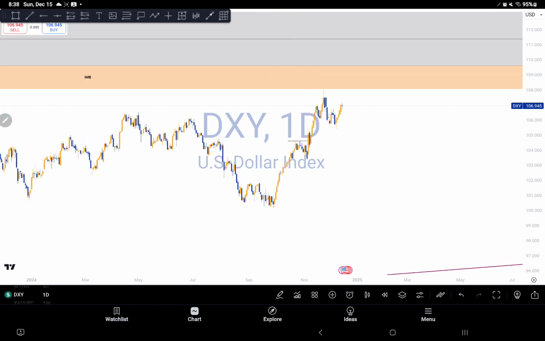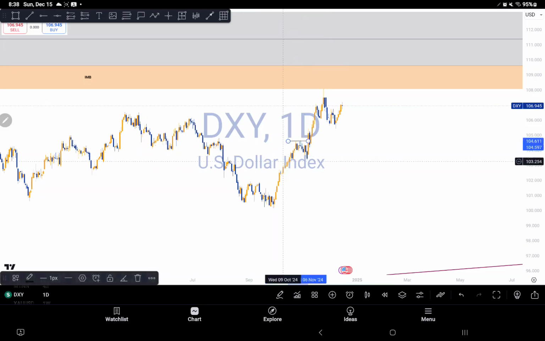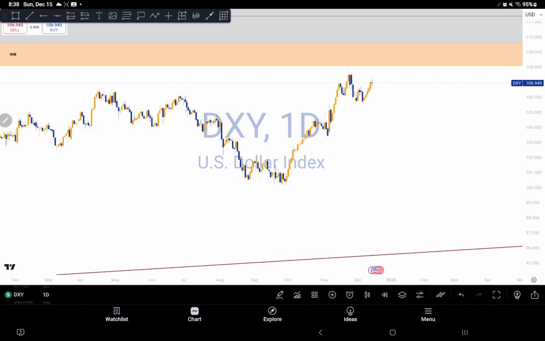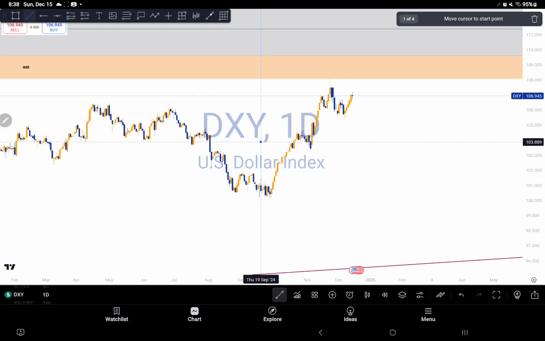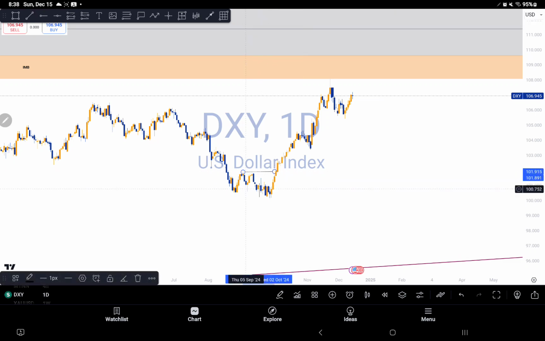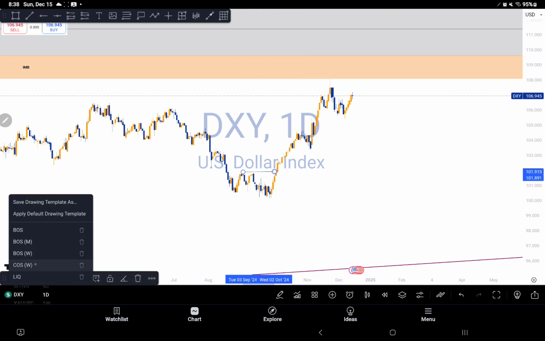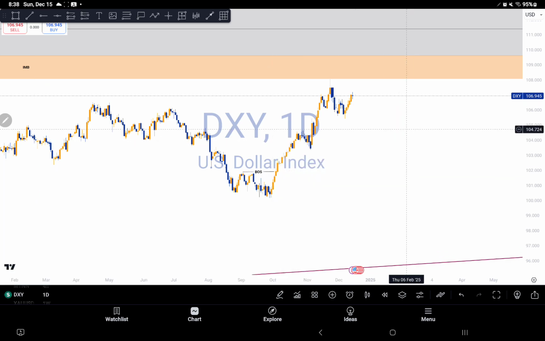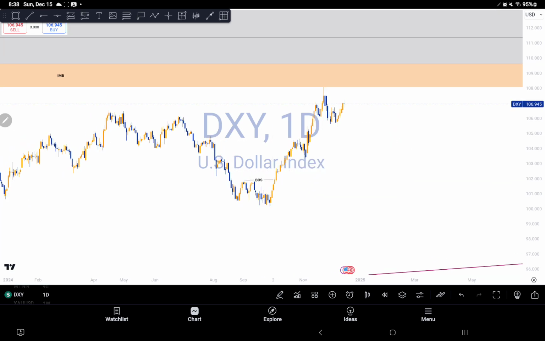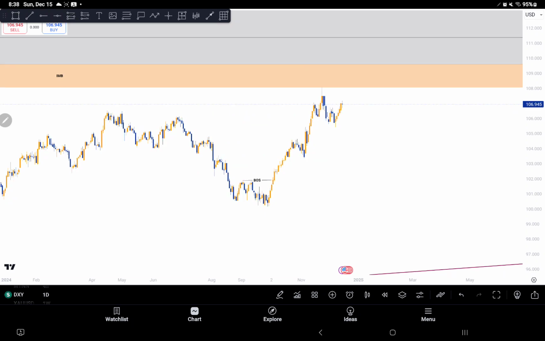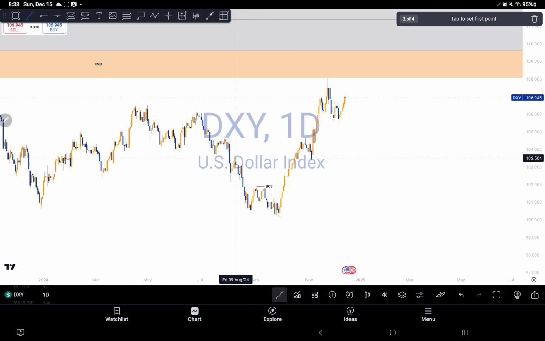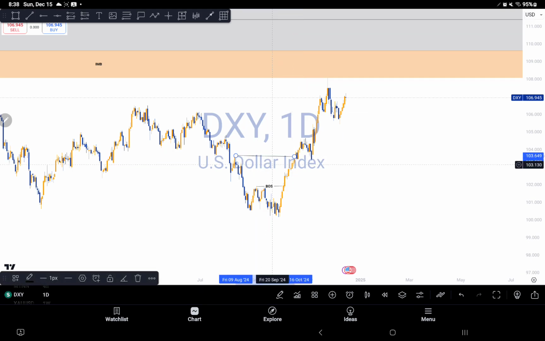Based on this, you can see that we had this internal break of structure right here, right? We have this internal break of structure, right? Then we also have a change of character right here.